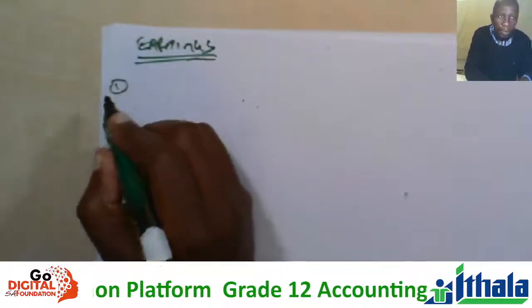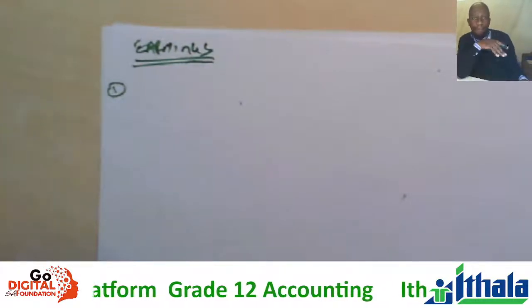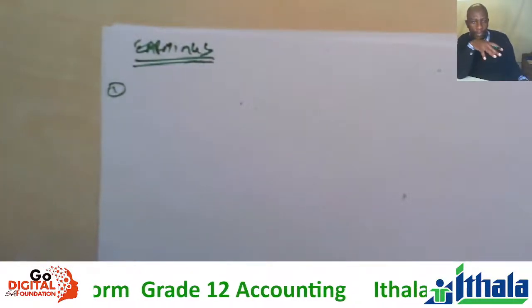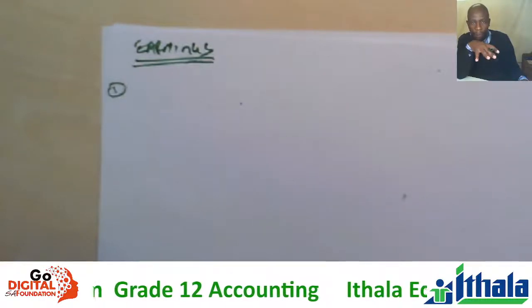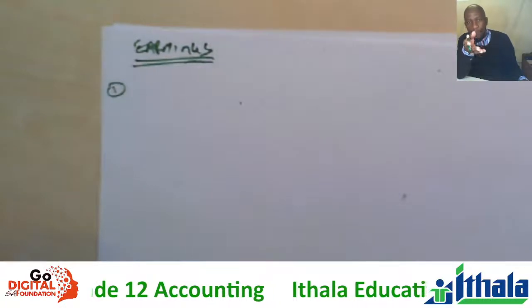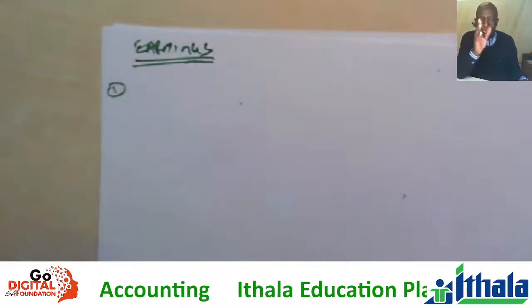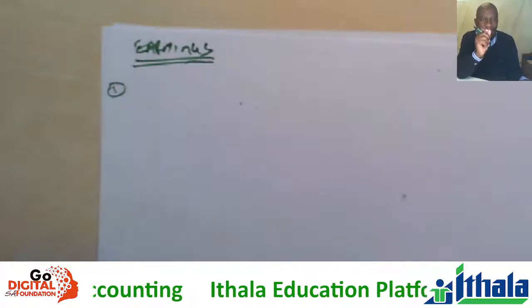Number 1, remember you are allowed to abbreviate on the ratios, and you are not supposed to write the formula on the ratios. We know the formula, and you will also be given the formula at the back. What I was supposed to do is write the figures that are in line with the formula.